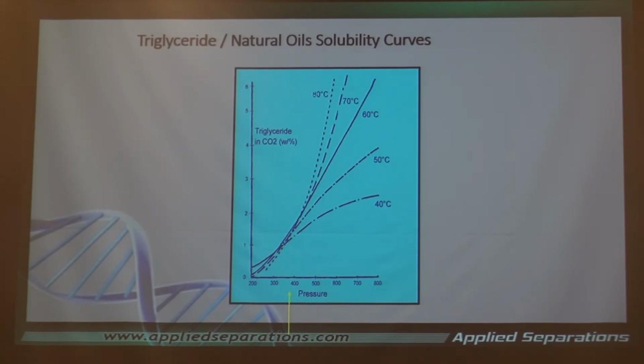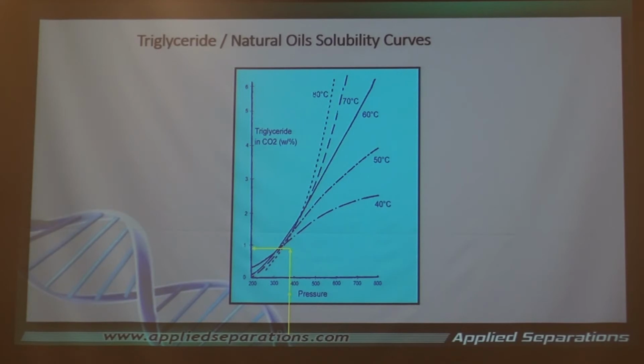Here are the triglycerides. If you look at this kind of pressure, typical of what you see in a lot of systems, independent of the temperature, you get a very low yield. Now, you can get it all out, except that you're going to take a longer time to do it.